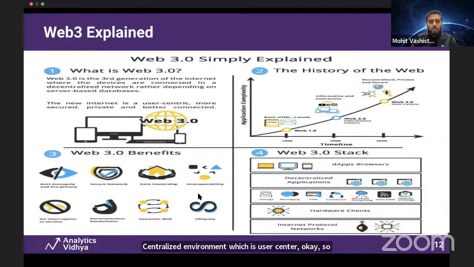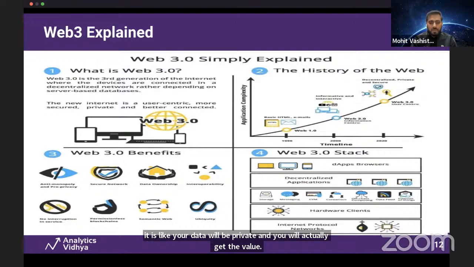So anti-monopoly, it means one person will not get the benefit out of it. It is pro-privacy, your data will be private and you will actually get the value of your data. Then the network is secure because of the cryptography involved. Actually asymmetric cryptography is involved in that.